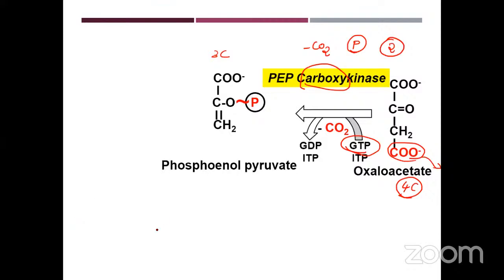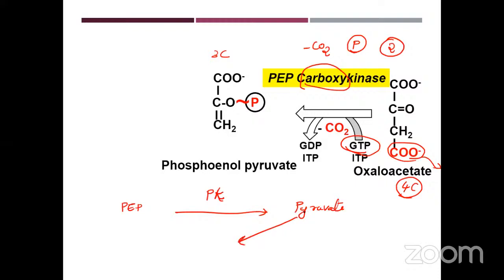Yes, ma'am. So phosphoenol pyruvate to pyruvate was the last irreversible step of glycolysis. This enzyme was pyruvate kinase. This pyruvate kinase reaction occurs only in a single direction. So to circumvent that, we have 2 reactions.